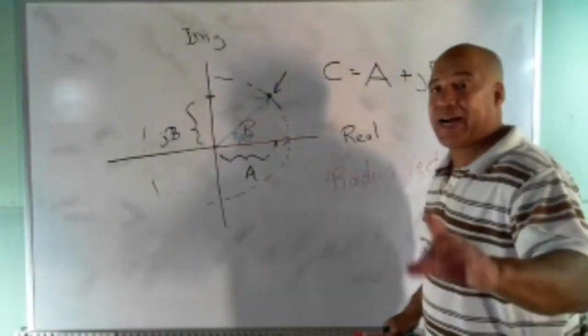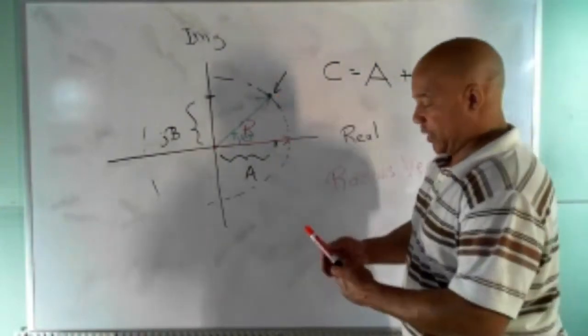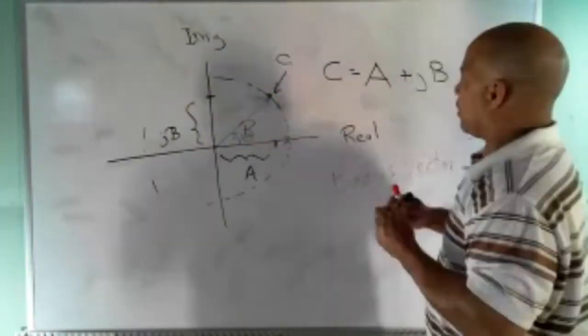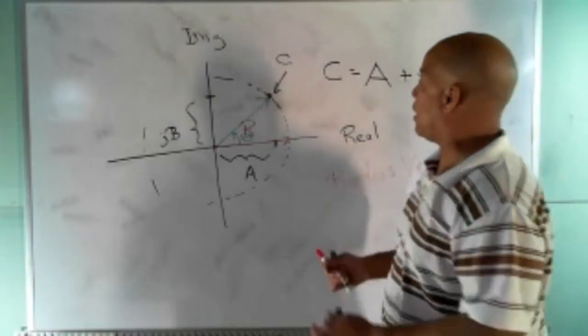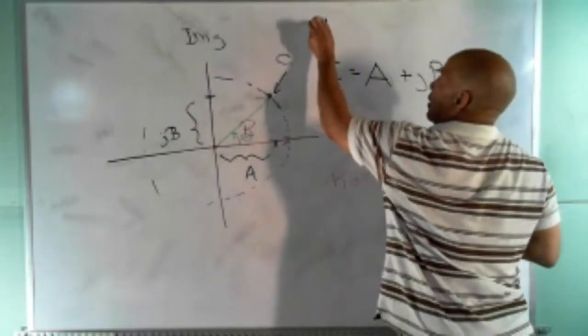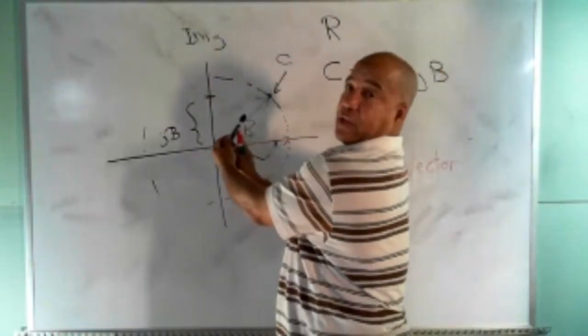So my point is this, though. I can get to that complex number C by going over a units and up jb units, or I can go out r units and take that radius vector and raise it up so many degrees.